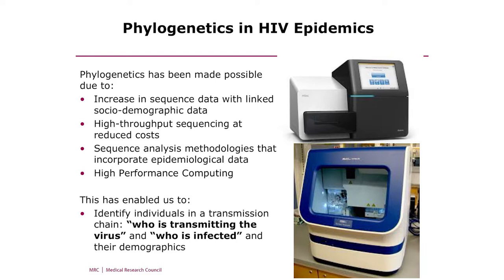Sequencing technologies have tremendously improved. Next generation sequencing is generating a lot of data, and this has enabled us to understand transmission networks. And of course, the availability of high performance computing is a plus.